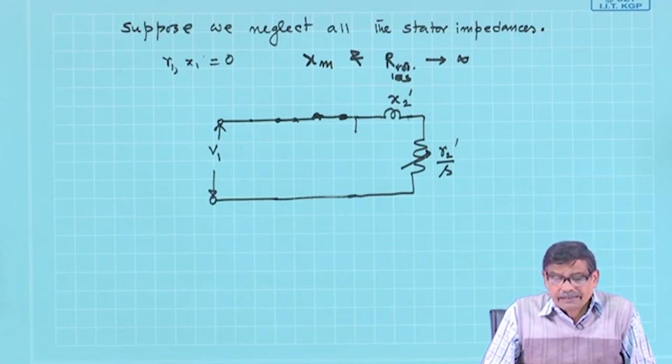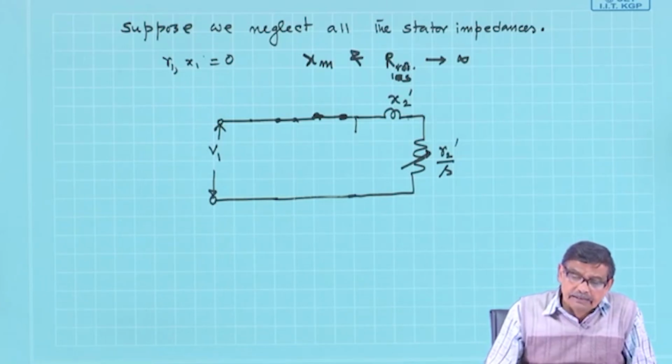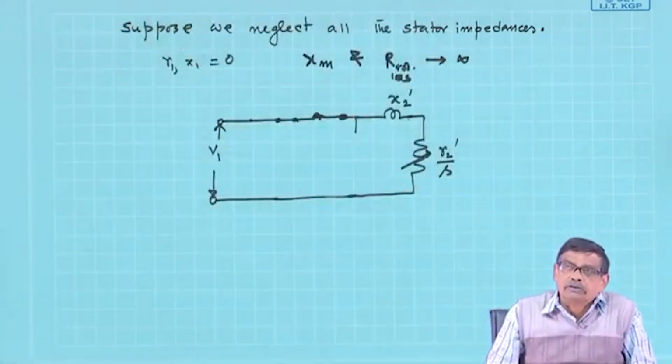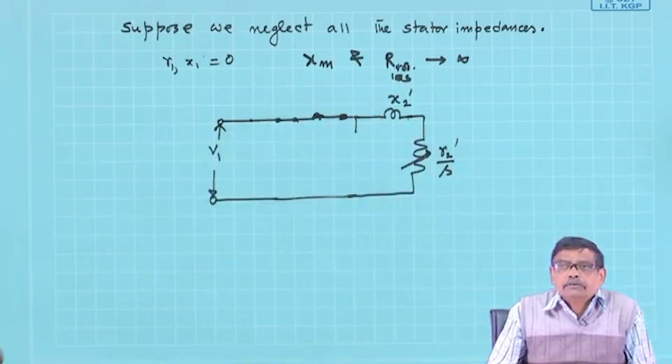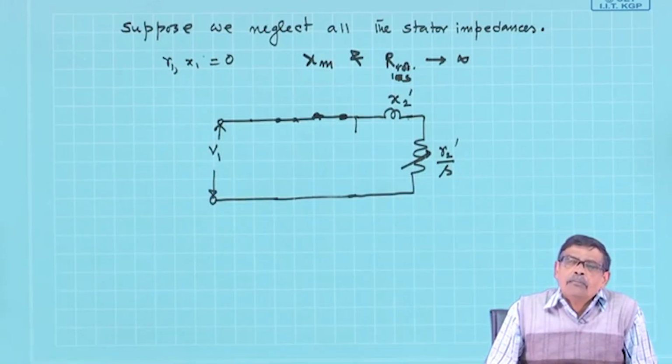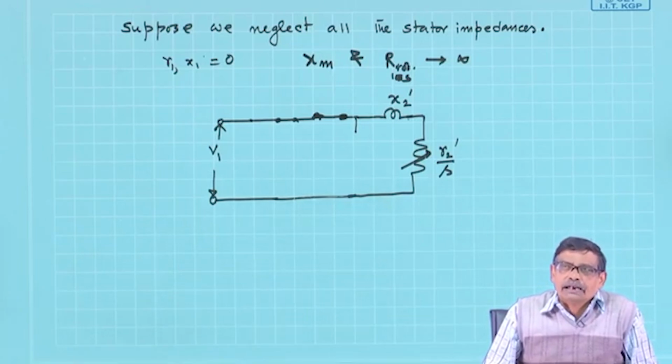Similarly, try to make X m and R rotational high in order to reduce the magnetizing current as well as the core loss and frictional loss, as small as possible, means this parallel branch is also high. And with this try to find out how much torque is produced, at what slip the machine produces that torque, etc., torque slip characteristics. Very quickly I can do that.